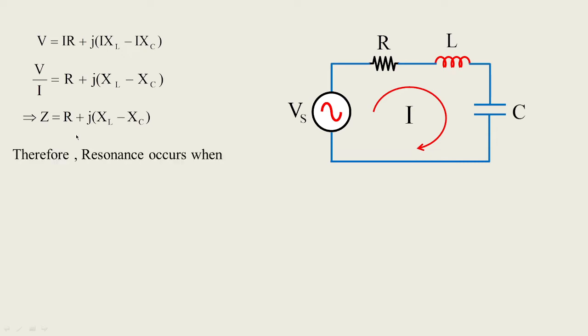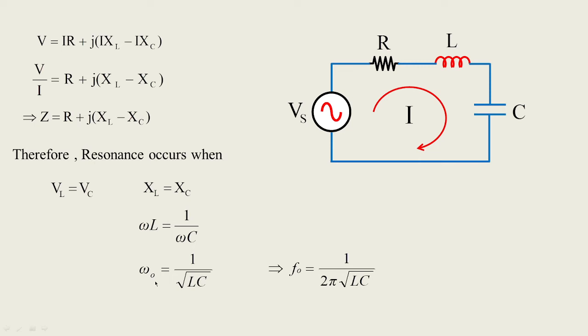In order for the resonance phenomenon to occur, the voltage across the inductor should neutralize the voltage across the capacitor. This indicates that the inductive reactance should be equal to the capacitive reactance, or we change XL to omega L and XC to 1 by omega C. Therefore, we get the value of omega naught, which we call the angular resonant frequency, which is equal to the square root of 1 by LC.